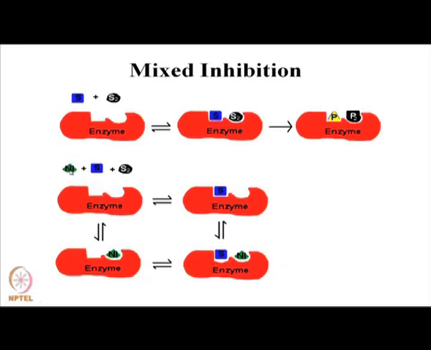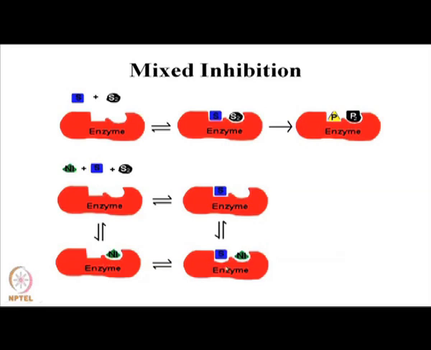You see non-competitive inhibitor, substrate, substrate 2. First substrate binds, then in presence of non-competitive inhibitor this is produced. Or in another situation, your enzyme first binds the non-competitive inhibitor, then in presence of your substrate it gives rise to this.